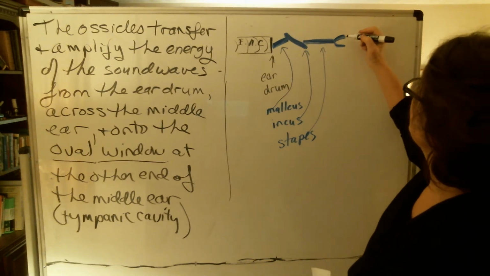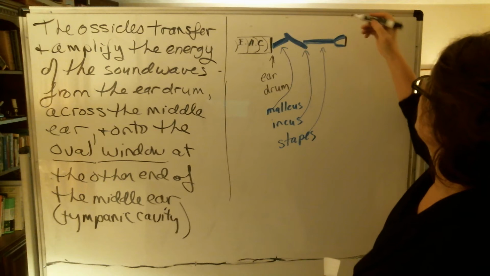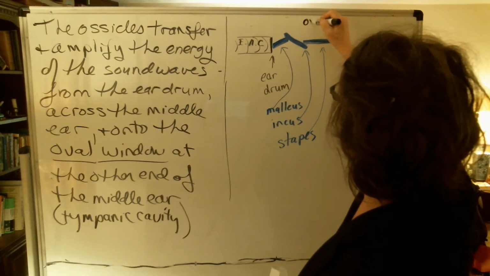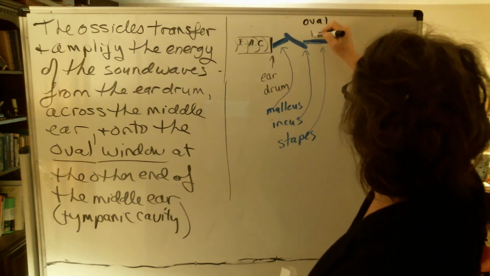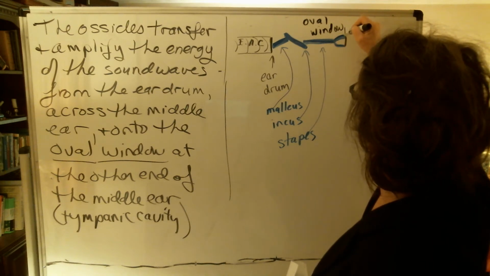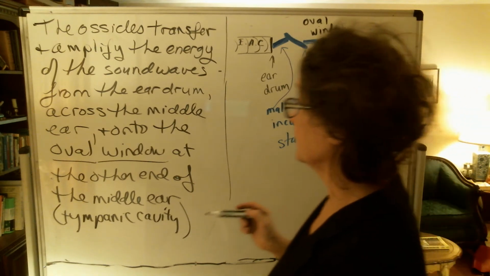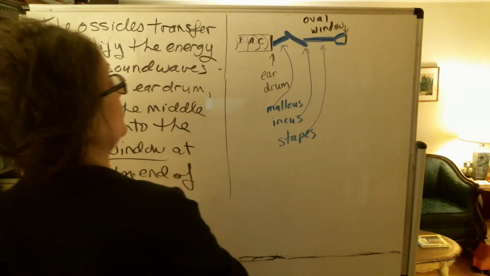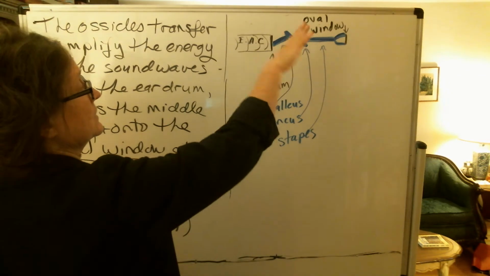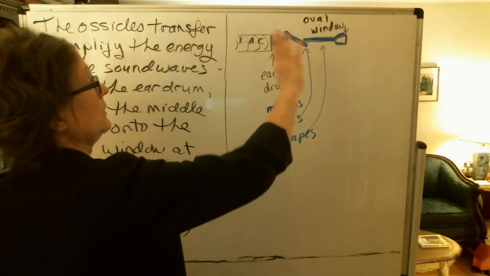What I said is that we have another hole here. There it is, and that then is the oval window right there. So we had these vibrations from the external auditory canal onto the eardrum.